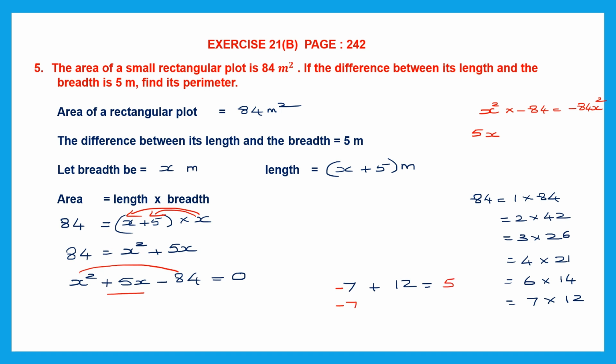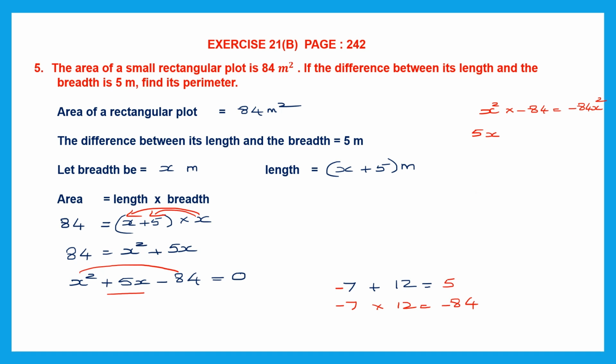And if I multiply minus 7 into 12, I will get minus 84. So can you see now I'm getting 5 when I add up these two numbers, and when I multiply the same two numbers, I'm getting minus 84? So these are the two numbers that I'm going to split 5x into. So I can write 5x as minus 7x plus 12x because that is going to give me 5x. So let's come back to our equation and here let's write x square.